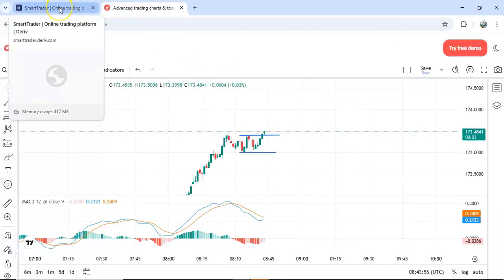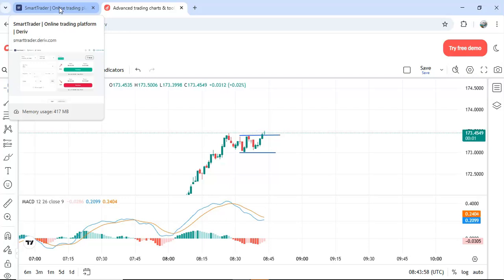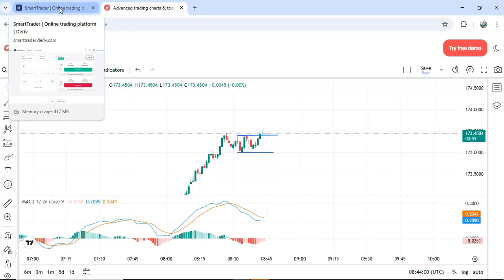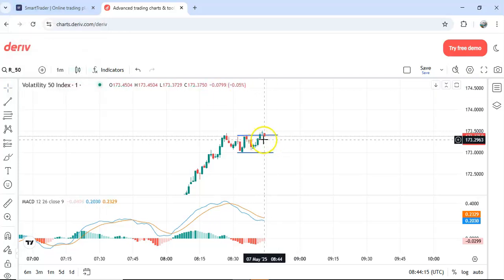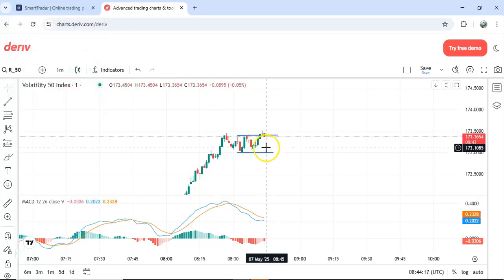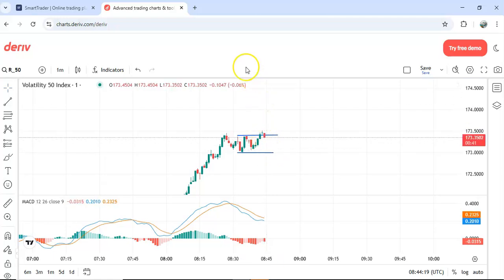So only 18 seconds remaining, and then we go back up. 5 seconds, 2 seconds, and then 1. So that's an indecision. So let's wait for this one so that it can tell us the direction of the market.